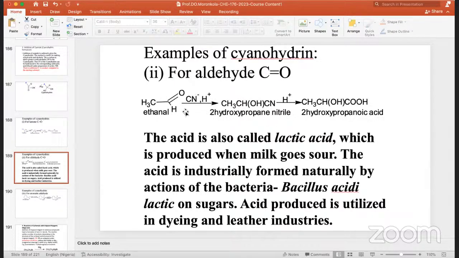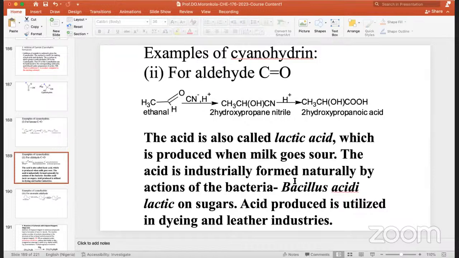For instance, ethanal reacting with cyanide yields 2-hydroxypropanenitrile, and in the presence of an acid, you have 2-hydroxypropanoic acid formed. The acid is also called lactic acid, the compound produced when our milk goes sour, as in the yogurt.